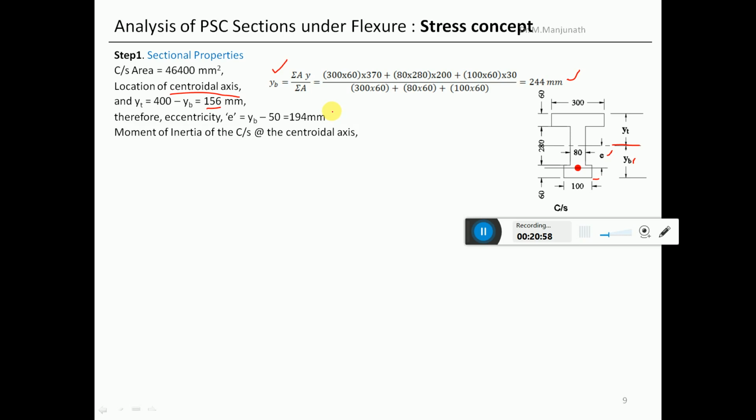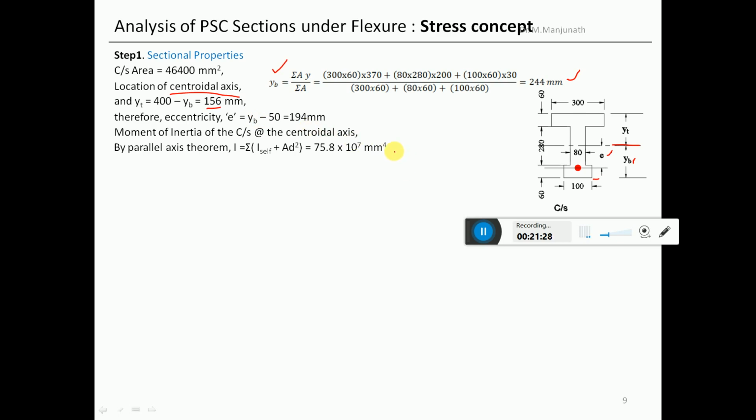Next is obtaining the moment of inertia of the cross section about the centroidal axis. Since the cross section is an unsymmetrical section, we need to apply the parallel axis theorem. Now these calculation details will not be covered here, since locating the centroid and moment of inertia has been discussed earlier.